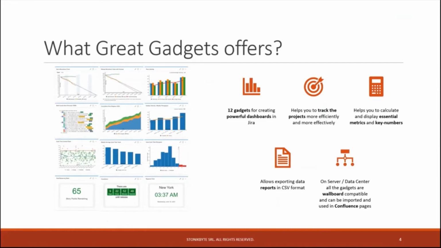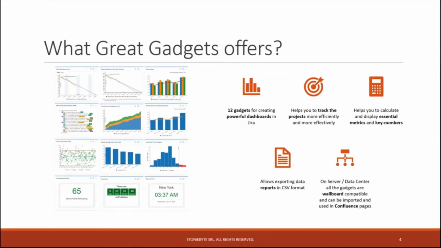I'm saying efficiently because our goal is to allow tracking projects without using Excel spreadsheets, for example, or having the need to do a lot of manual work to create charts and display metrics. So it should make your work easier and more effective, because it helps you calculate the right metrics that you need for agile projects especially.